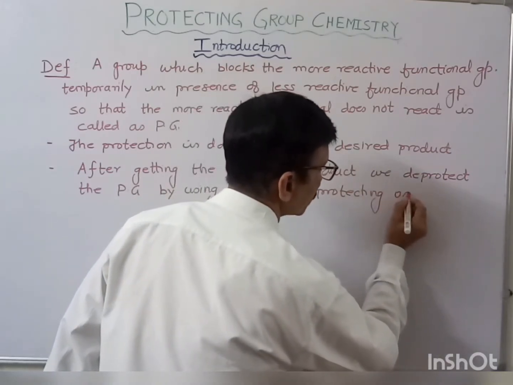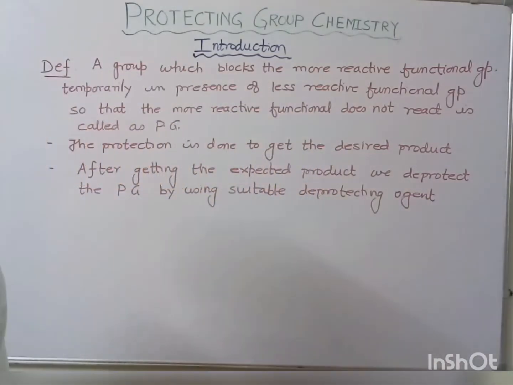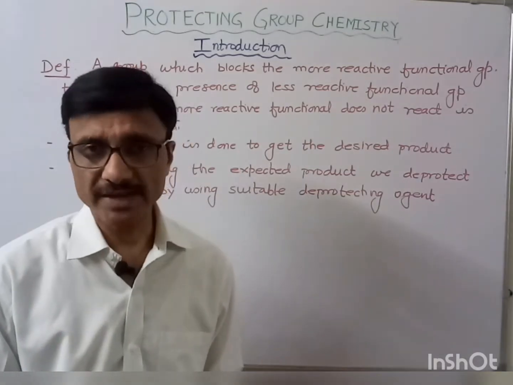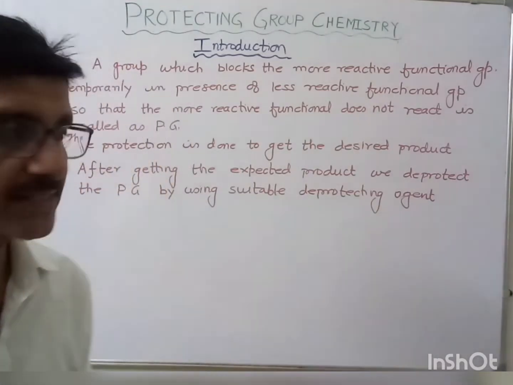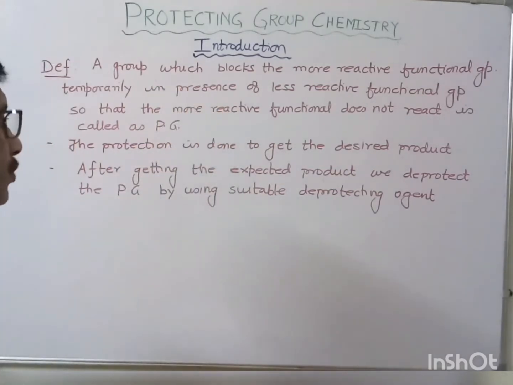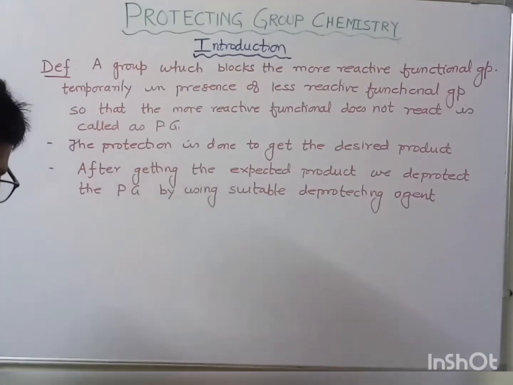Okay. So before discussing some more characteristics of this protecting group, let's see one of the examples, and with the help of that example we will understand this definition more clearly.